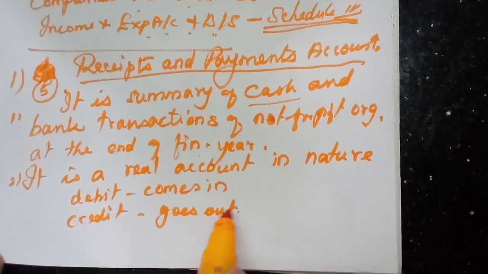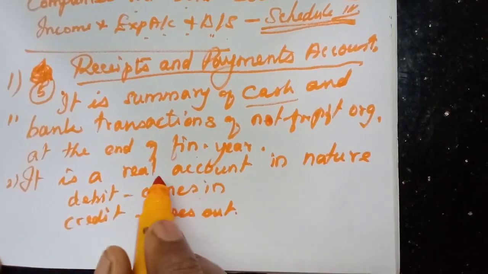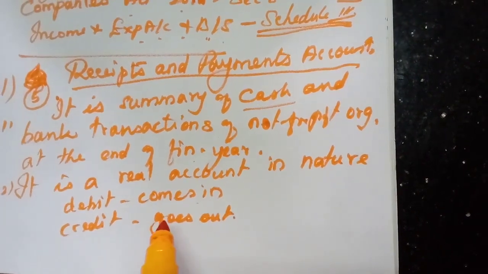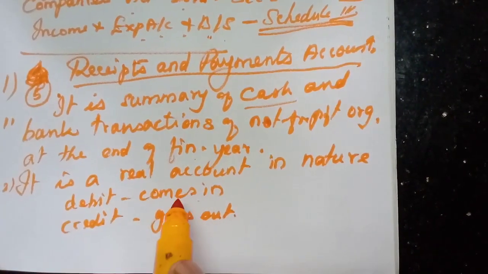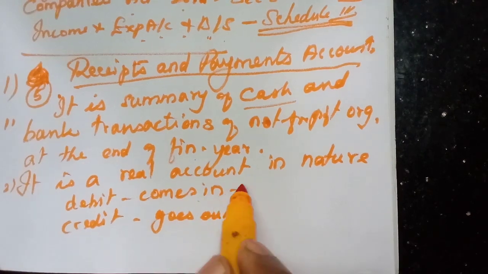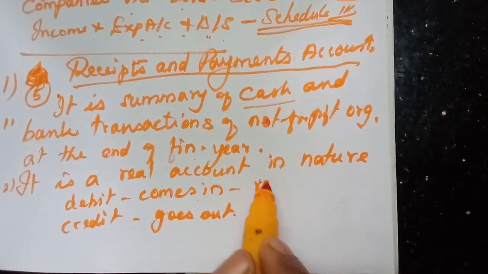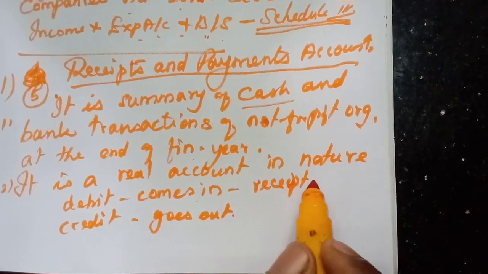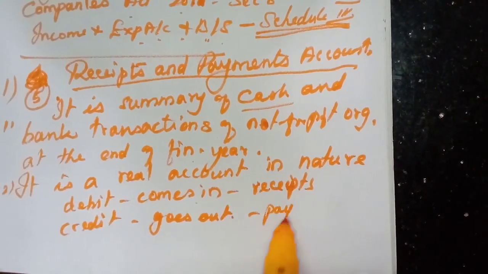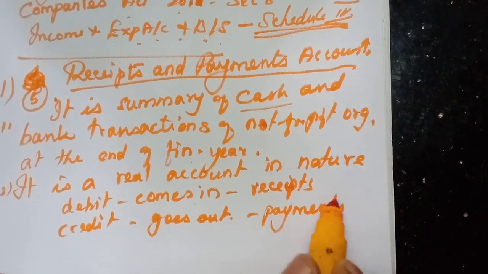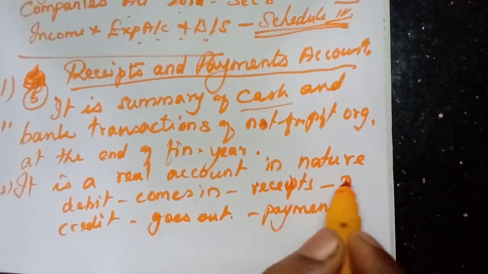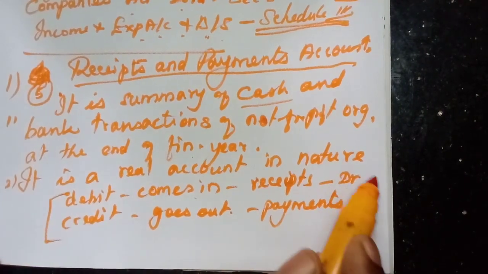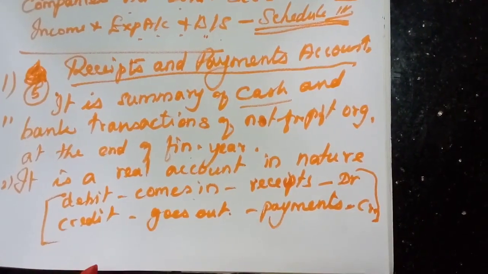With this principle only we are preparing this receipts and payments account. So we should debit all the receipts and credit all the payments. Understood? Receipts on the debit side, payments on the credit side. It is a real account. I have explained all these things to you.